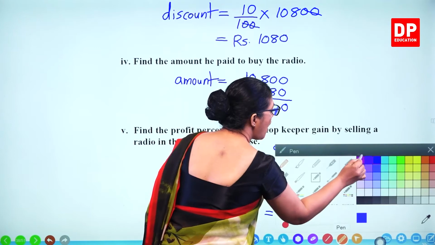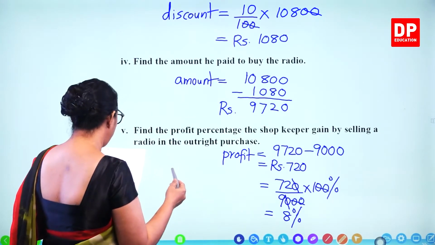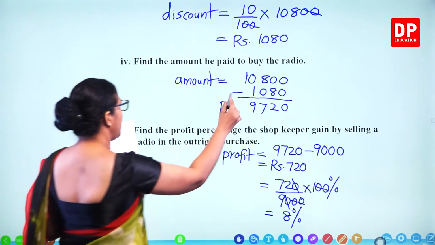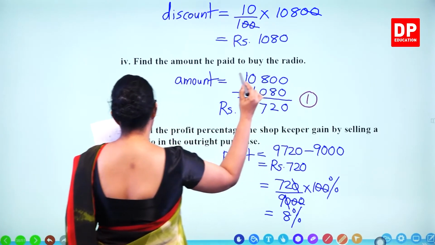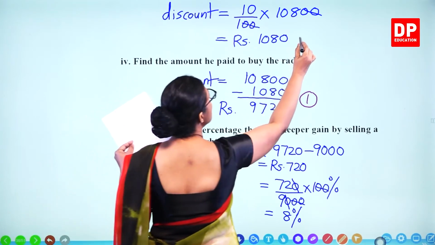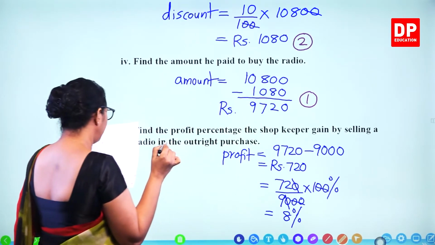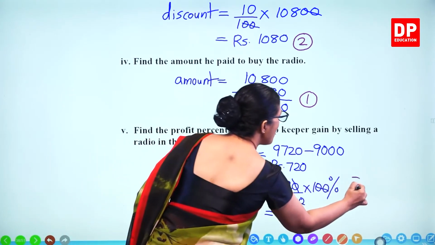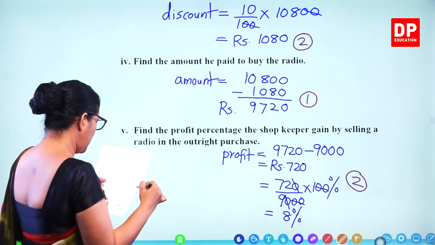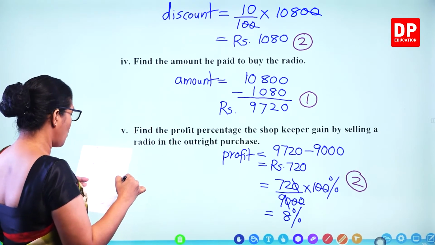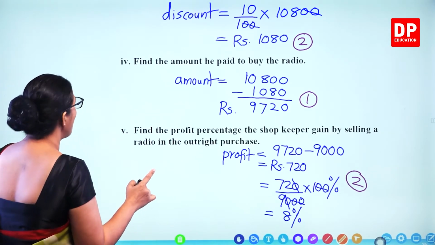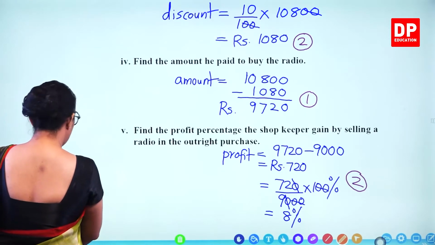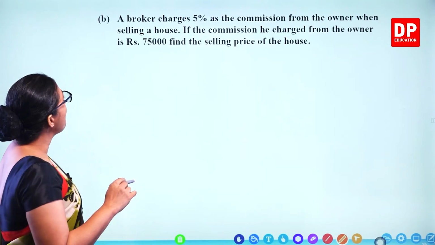So we'll see how many marks for each step. So 1 mark here, and the previous part 2 marks, and finding 8%, that's 2 marks. So we did part A. So altogether 2, 3, 4, 5, 6, 7, 8. So 3 more marks for part B.